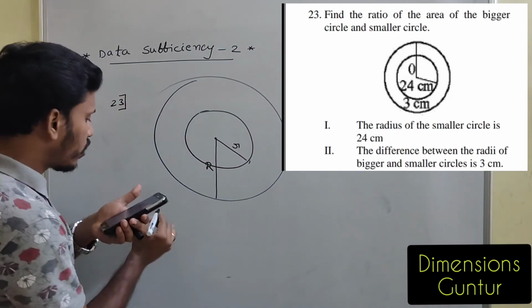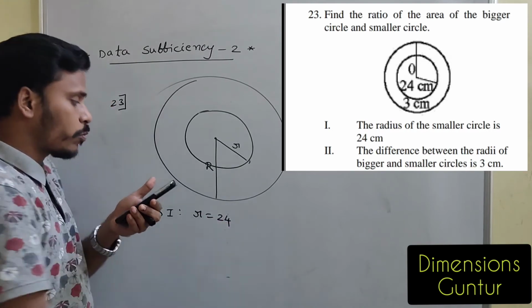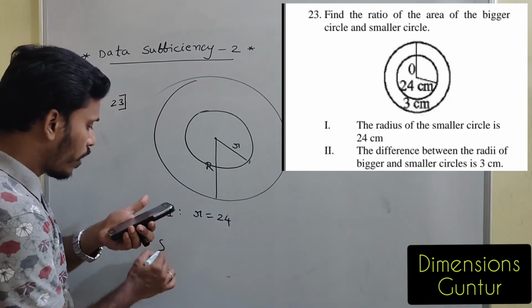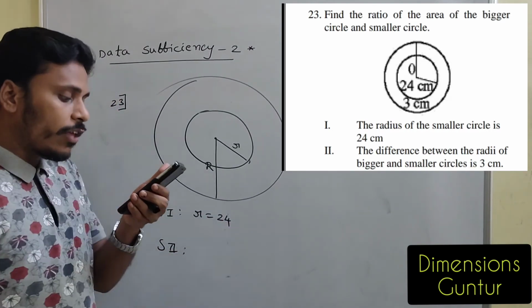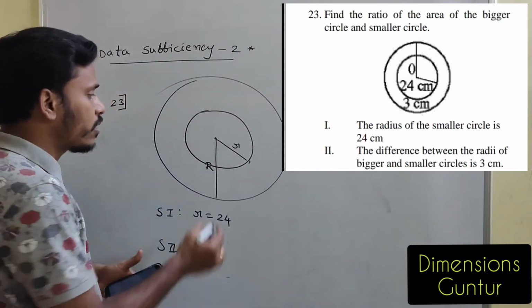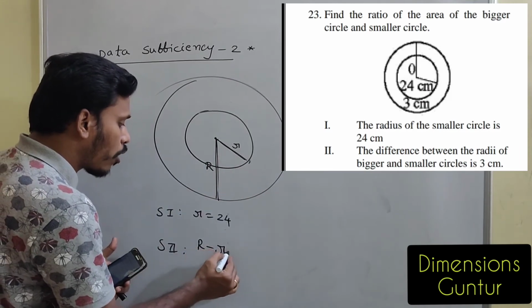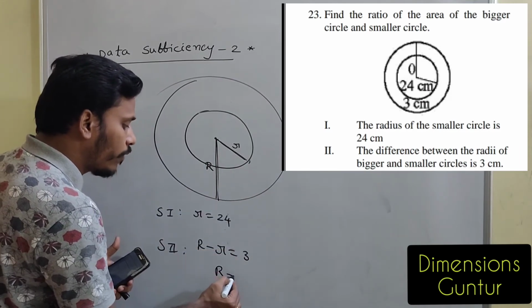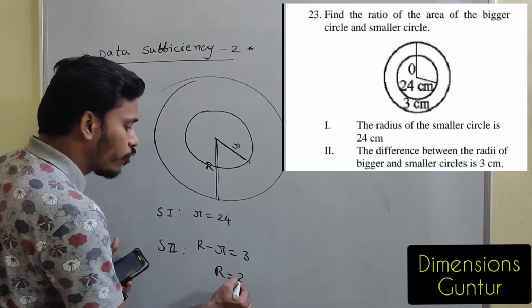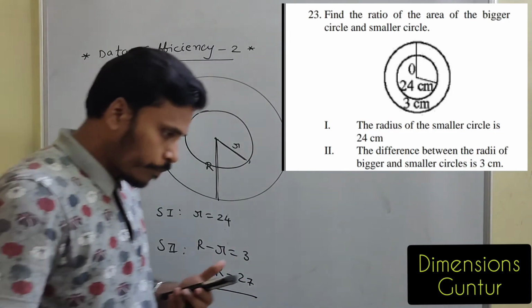See, for that, statement 1 is giving the radius of the smaller circle, small r, as 24, whereas statement 2 is giving the difference between the radii as 3. The difference between the radii is 3 in the sense that this is capital R and this is small r. Capital R minus small r is given as 3. From there we will get that the capital R value is 3 plus 24, and that is 27. So just look at the problem.